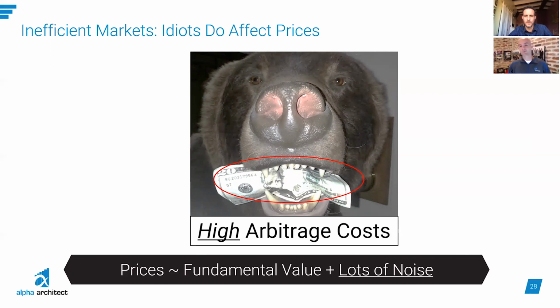And a lot of this noise is driven by the fact that competition doesn't lead to fundamental prices when it's really costly to try to exploit these, quote unquote, arbitrage opportunities.